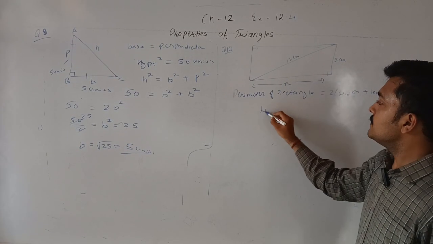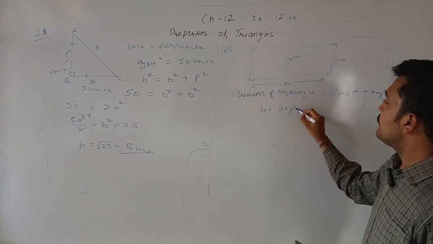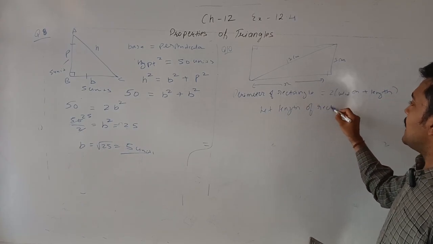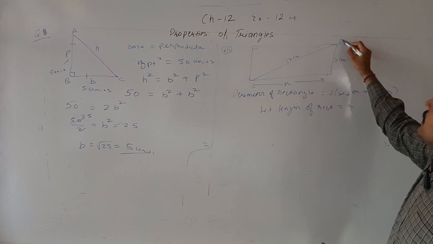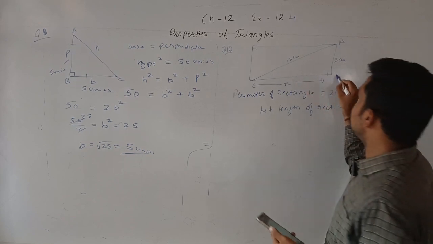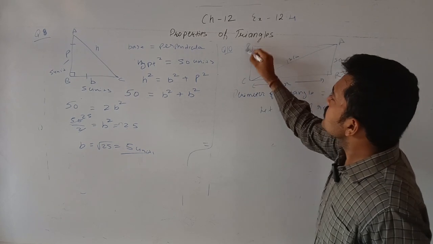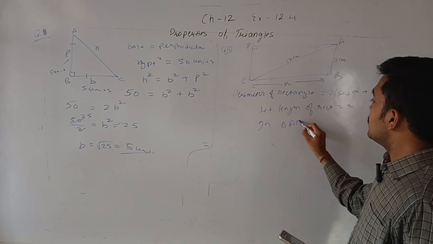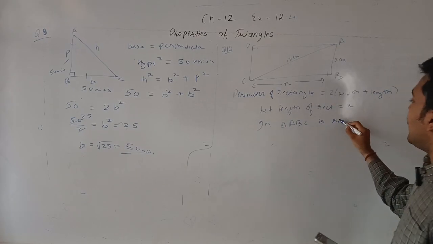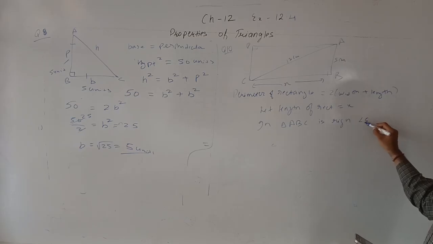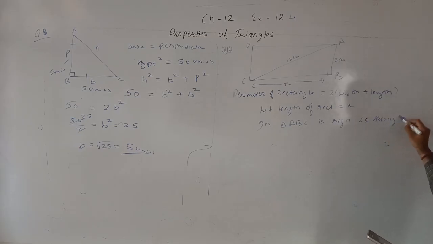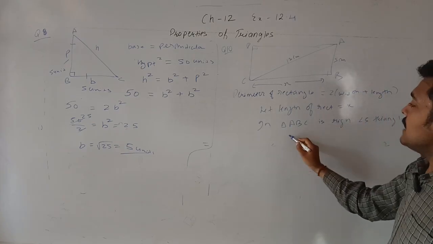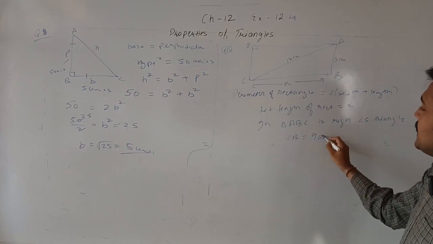So let the length of the rectangle be x. ABC is a right angled triangle, since angle B is equal to 90 degrees.